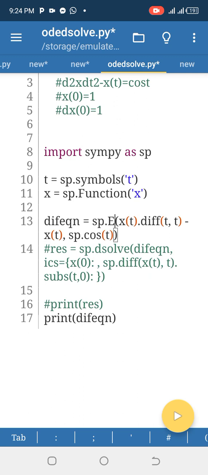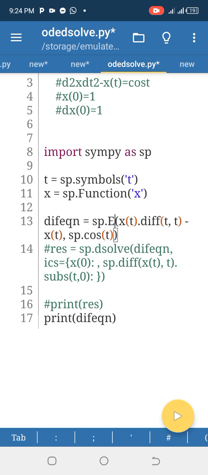And we are given that at t equals 0, x is equal to 1. And at t equals 0, dx dt, or the first derivative of x with respect to t, is equal to 1 also.